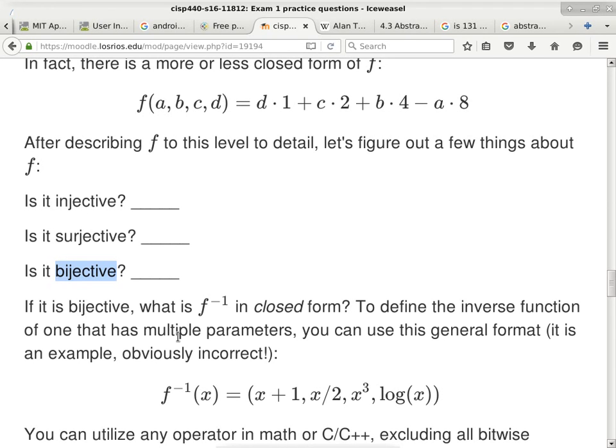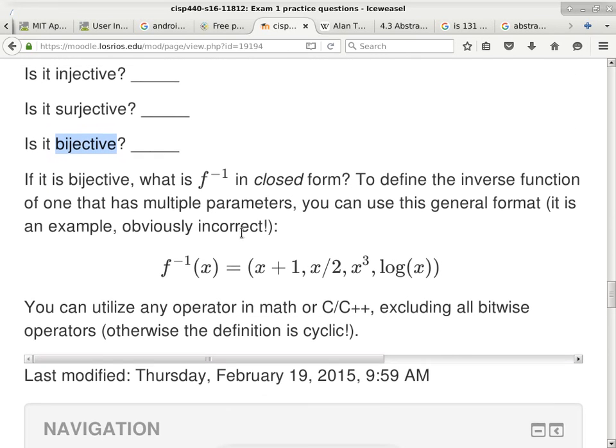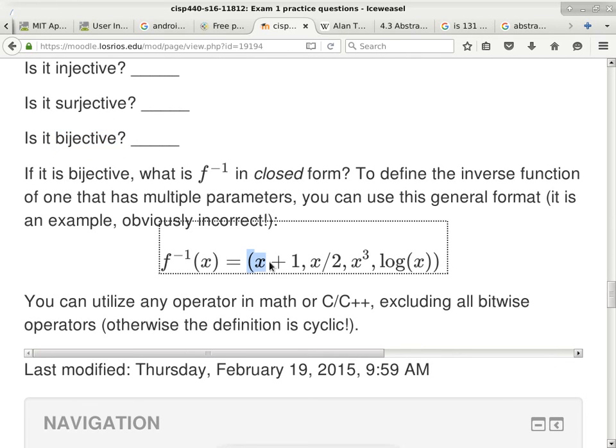So the next question: this is a very strong suggestion that it is bijective, otherwise I wouldn't ask the second part of this question. If it is bijective, what is the inverse function in closed form? In other words, you give me a 4-tuple, and for each item in the 4-tuple, you give me some sort of formula that will get me the 0 or 1 for that position.